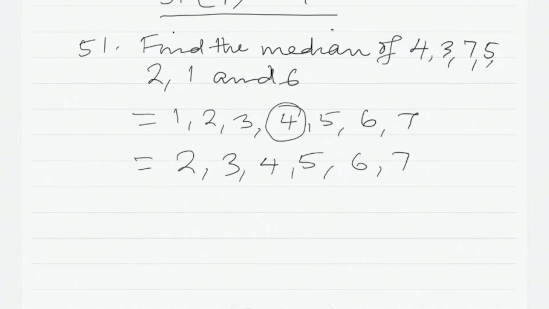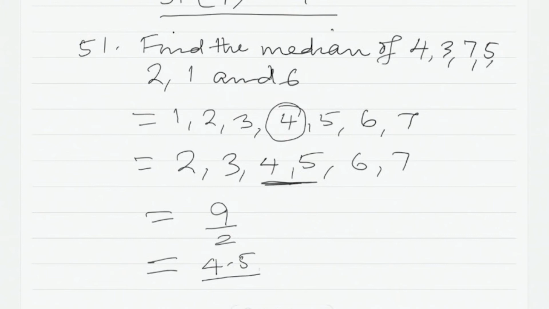So these two numbers here will be considered. We add 4 plus 5, that is 9. 9 divided by 2, 2 into 9 is 4, remainder 1, that is 4.5.